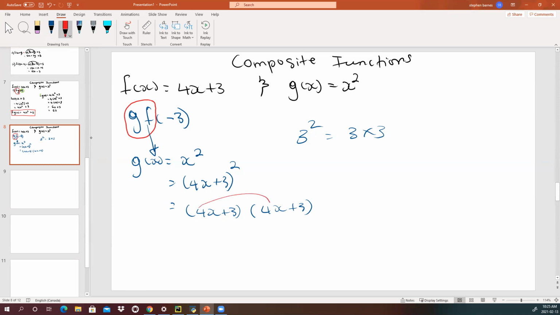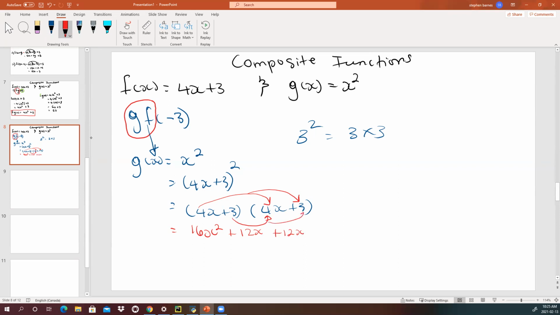Okay. 4x times 4x will give you 16x squared. That same 4x times 3 would give you positive 12x. 3 times 4x gives you another positive 12x.